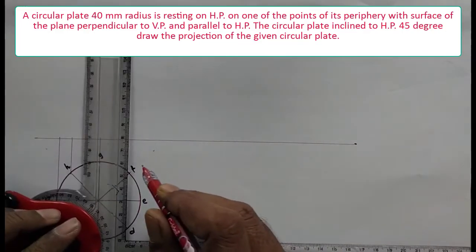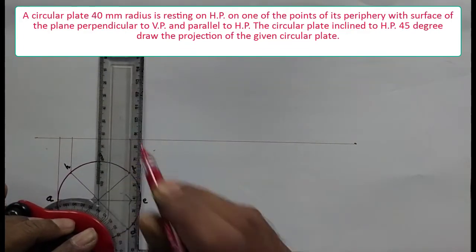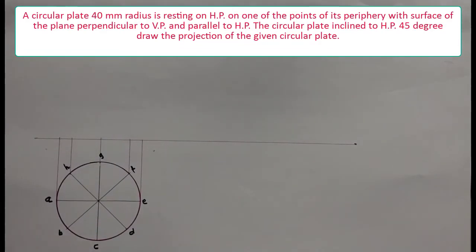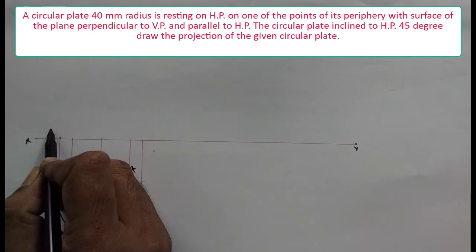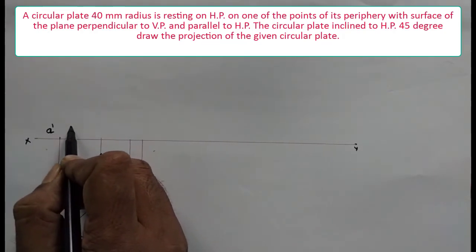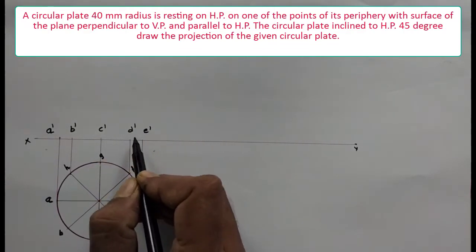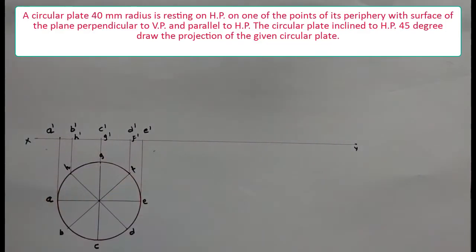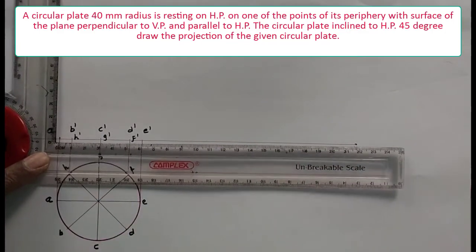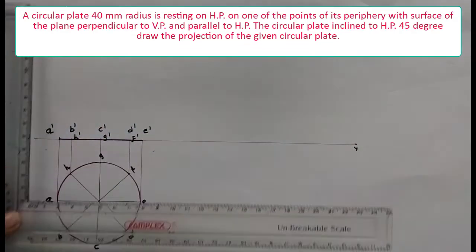So we take the vertical projection from each point and we mark our elevation points on the XY line. So this is our A dash, then B dash, C dash, D dash, E dash, F dash, G dash and H dash. And you can represent your elevation on the XY line.